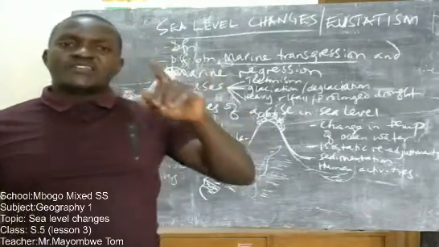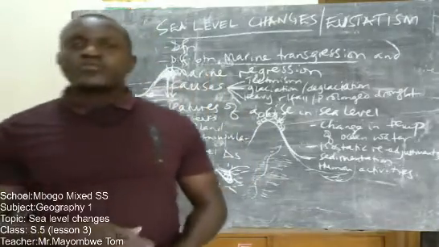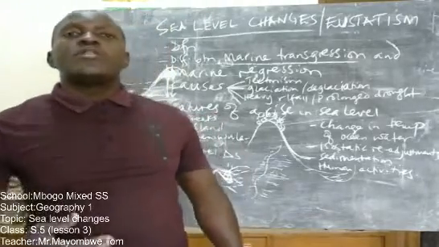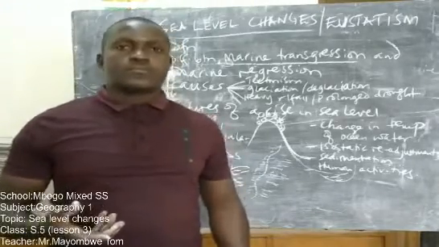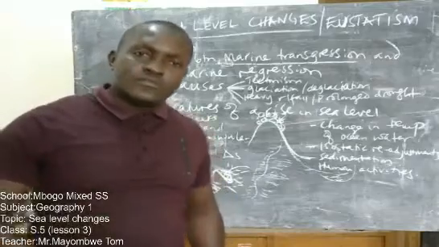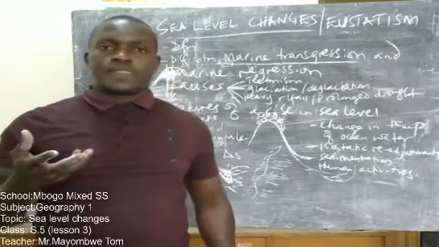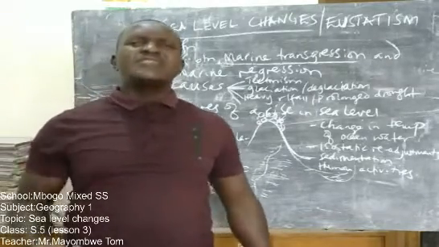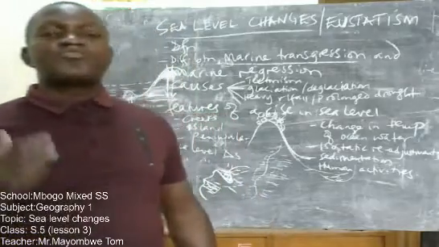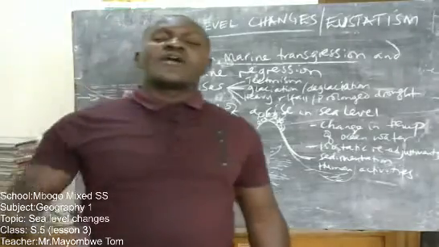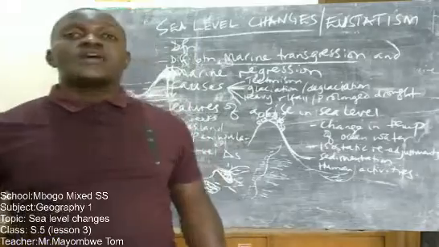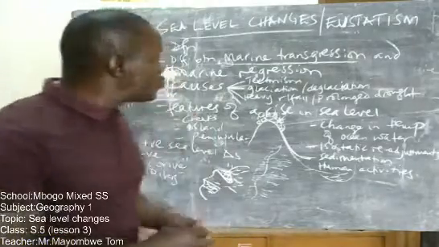So, we must ask ourselves, what may cause the land either to fall or to rise? Isostatic readjustments refer to a rise and fall of the land relative to the sea.